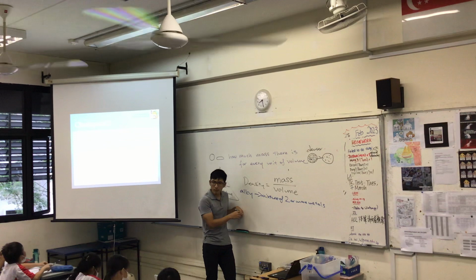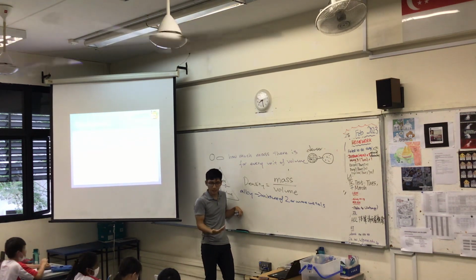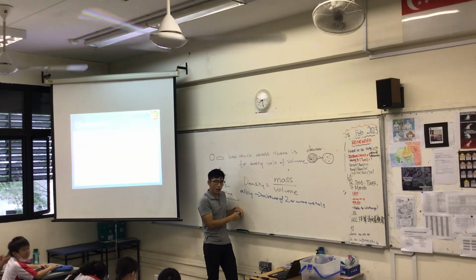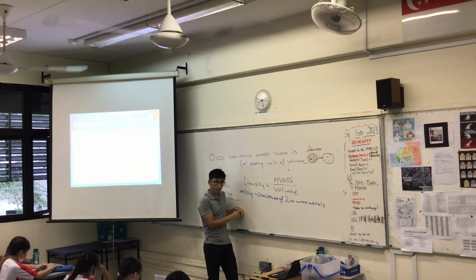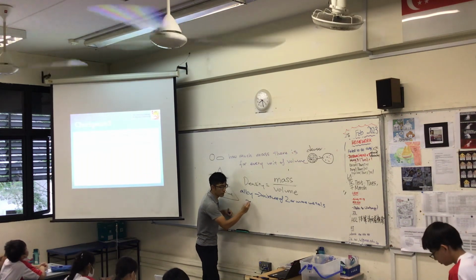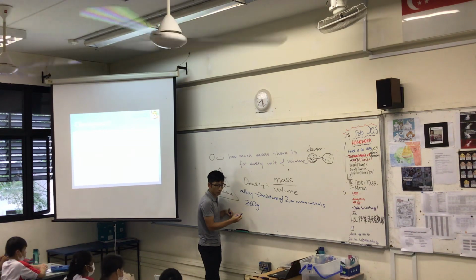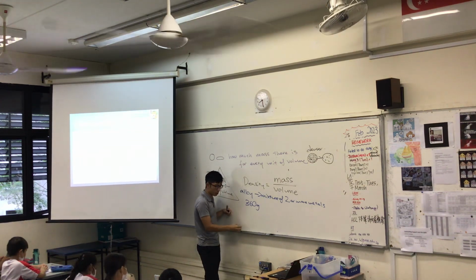Okay, so let's make sense of this question together. I want you to try this out. It's a very challenging one, but it's a very fascinating question. An alloy is made by mixing 360 grams of copper of density 9 grams per cm cube.